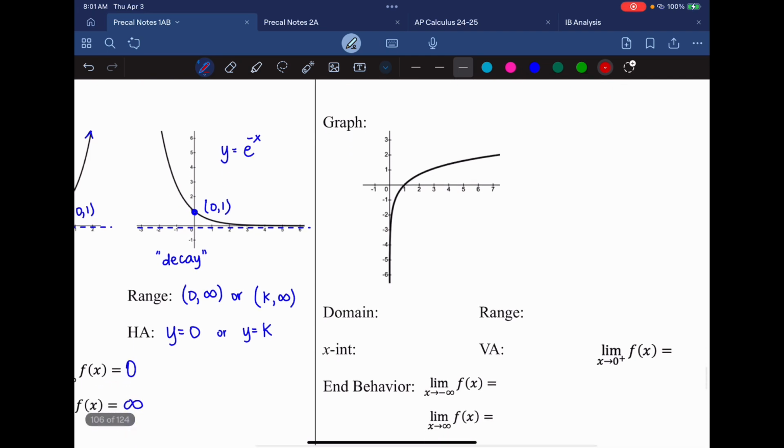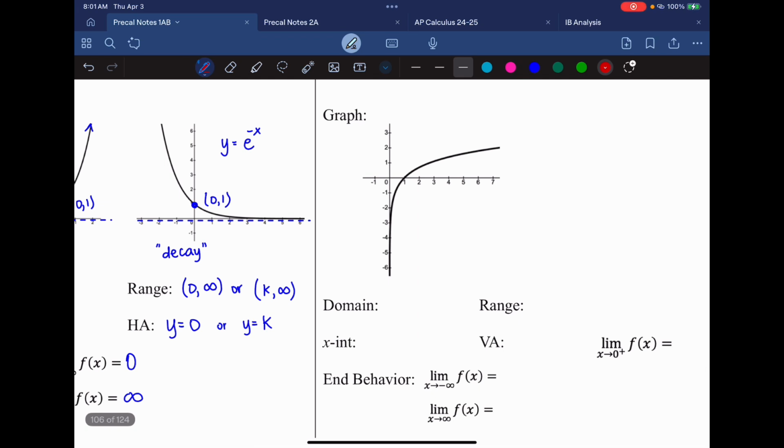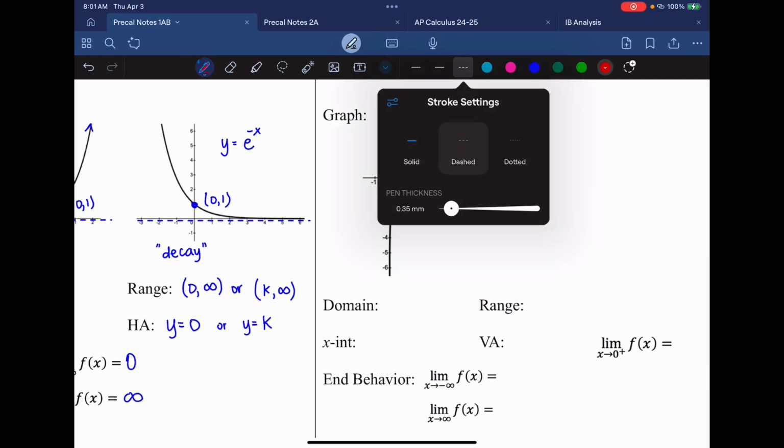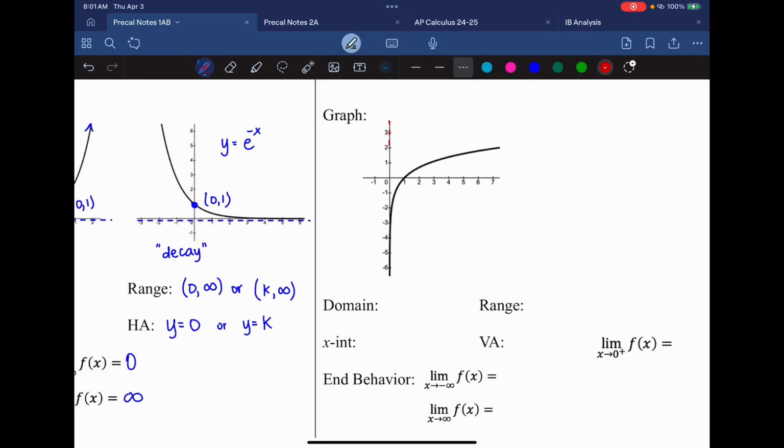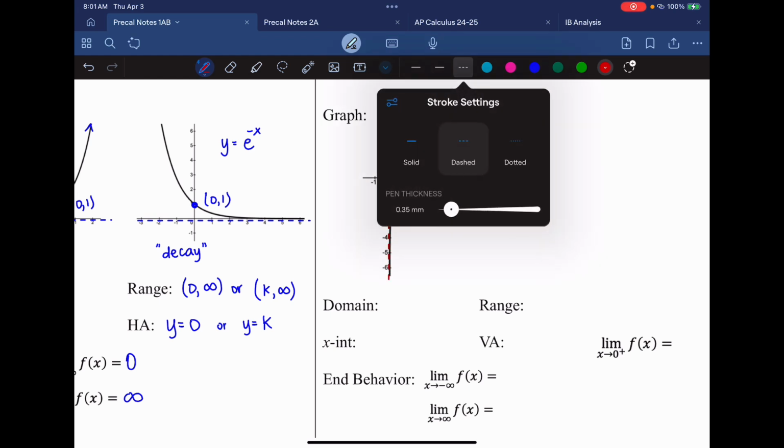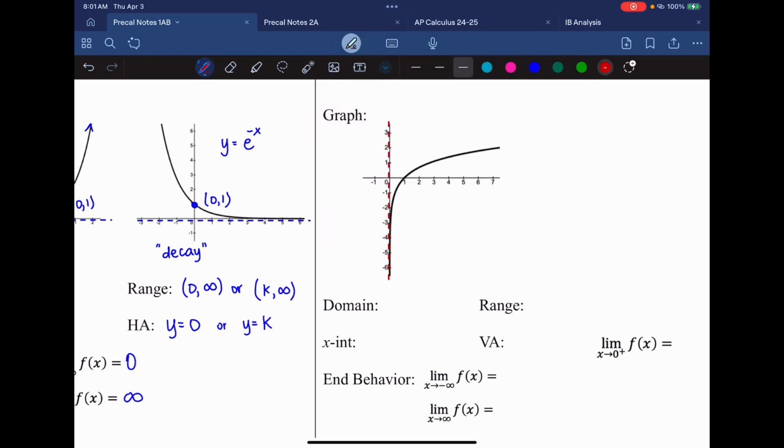Our domain is going to be limited this time by a vertical asymptote. So our domain is going to be from 0 to infinity for our parent function.